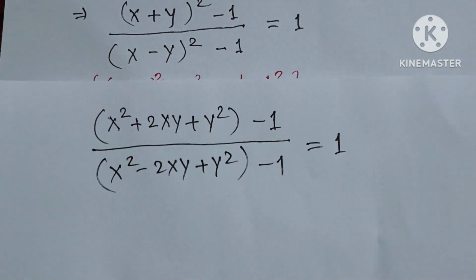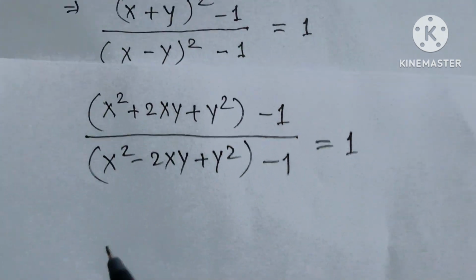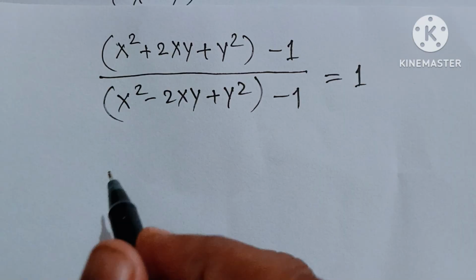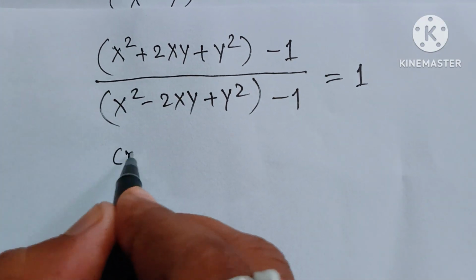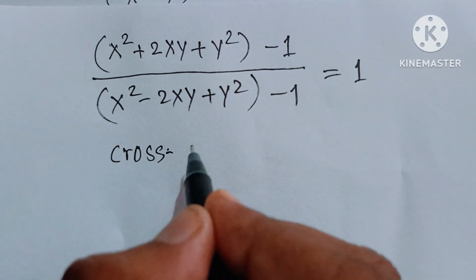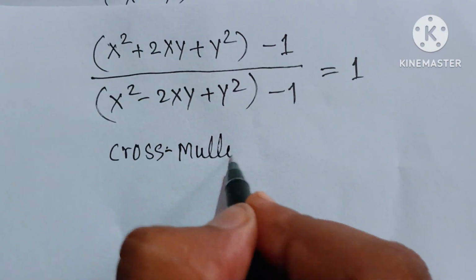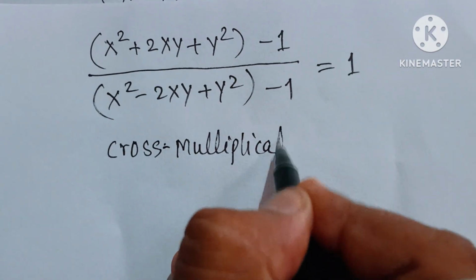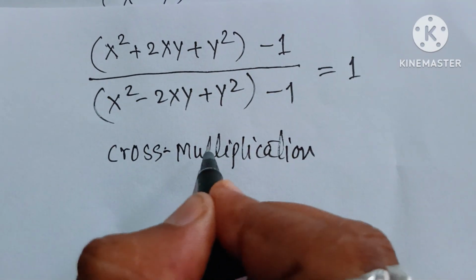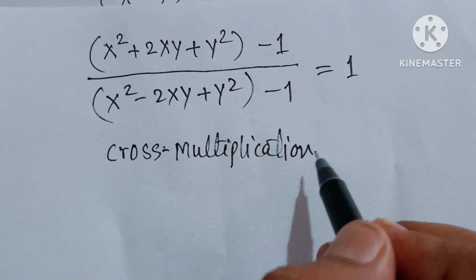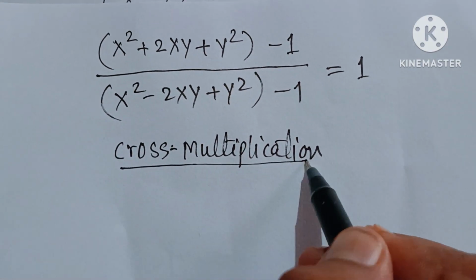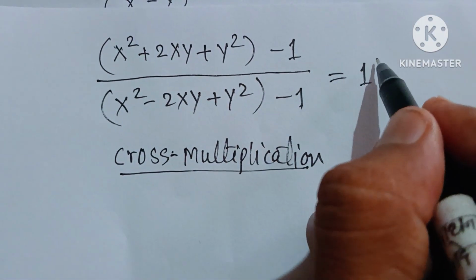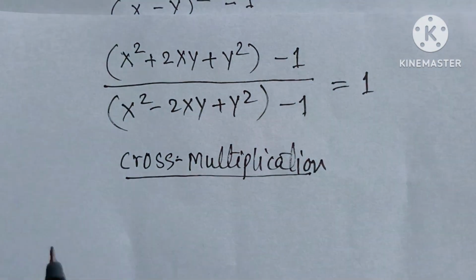Now we have to apply cross multiplication. So this quantity goes here and this quantity will remain this side.